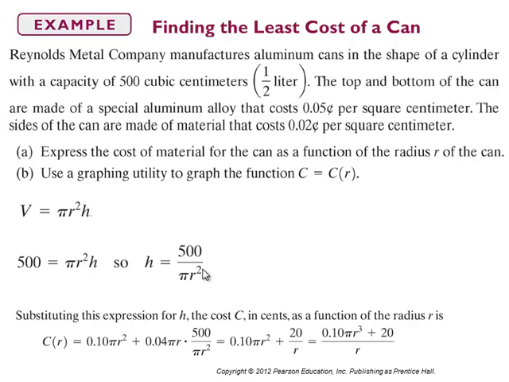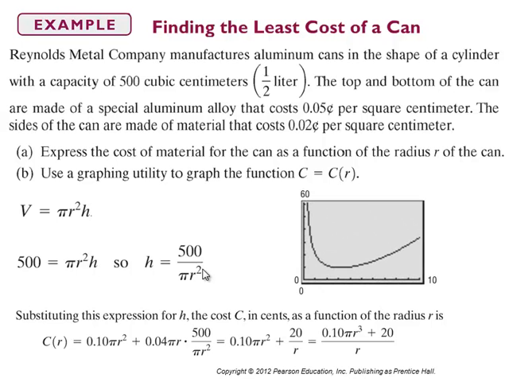But what was it we were supposed to do? We were supposed to find the minimum cost, huh? So once you were able to write the cost as a function of r, you can go through either algebraically, which you probably don't know how to do, or using your graphing calculator, you can use the minimization function to find the minimum value.